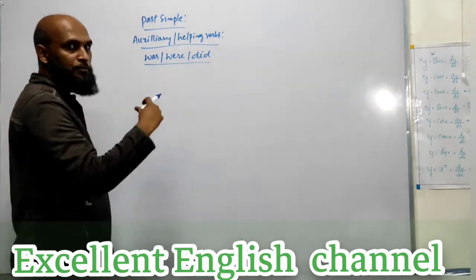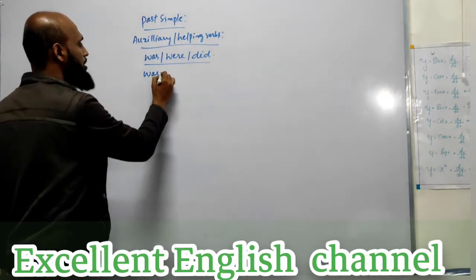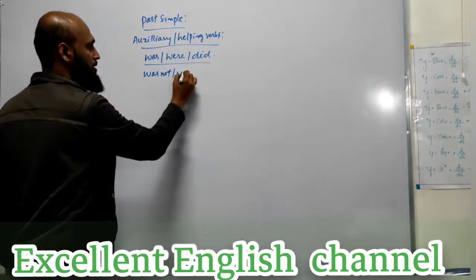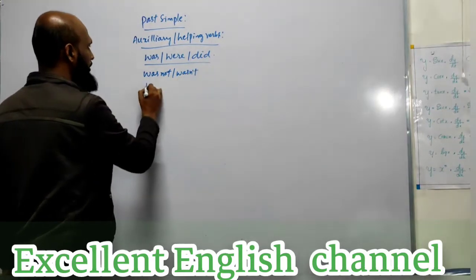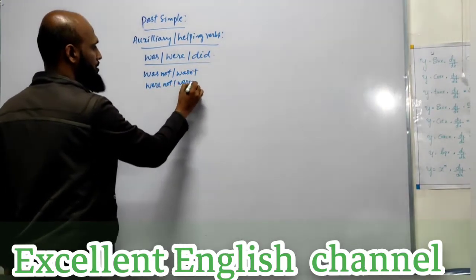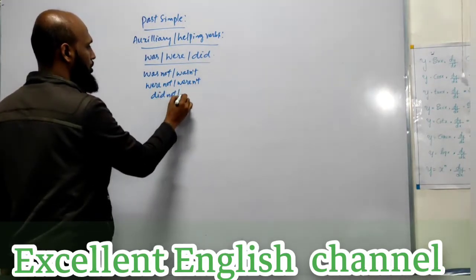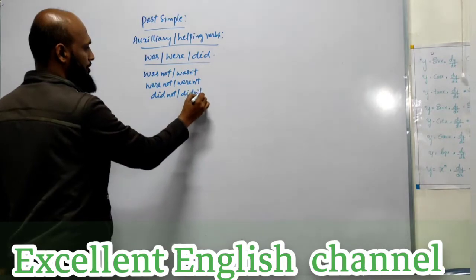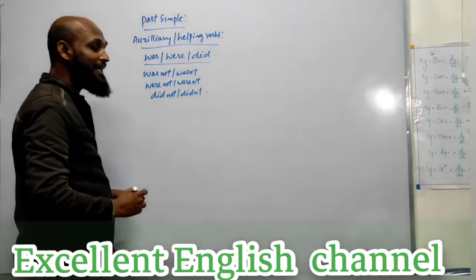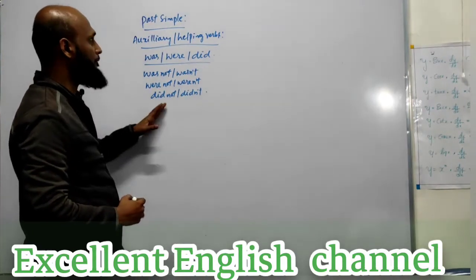The negative forms of was, were, and did are was not or wasn't, were not or weren't, and did not or didn't.